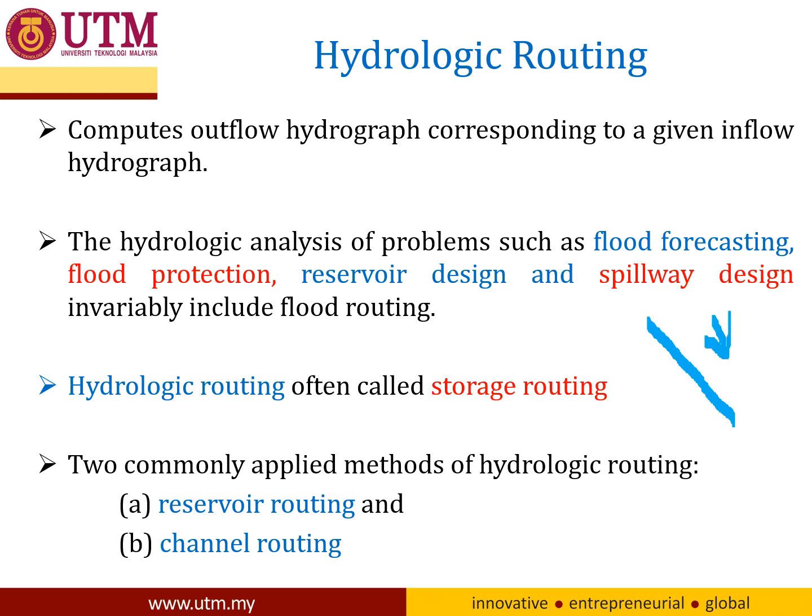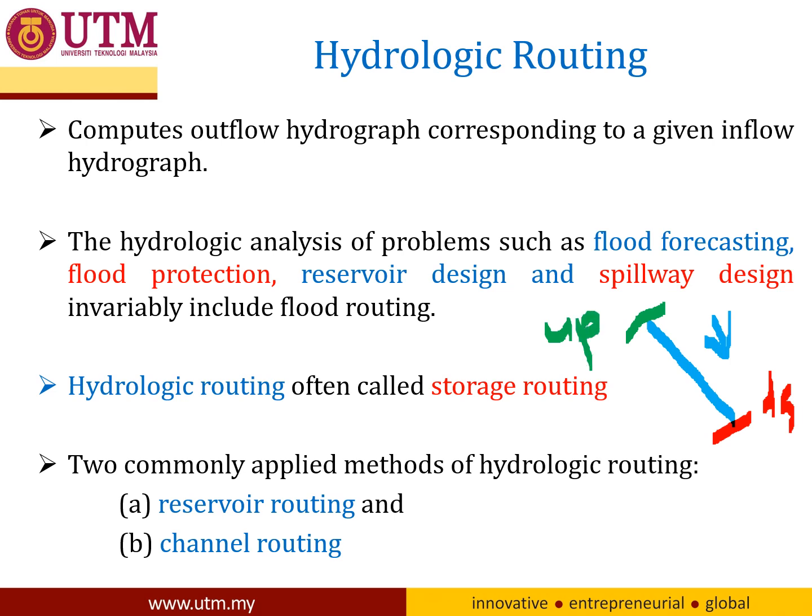So we have, for example, this green color is inflow, the inflow cross section or location of observation, and then we want to estimate the hydrograph at this downstream. So this is downstream, ds. And the green one is upstream.